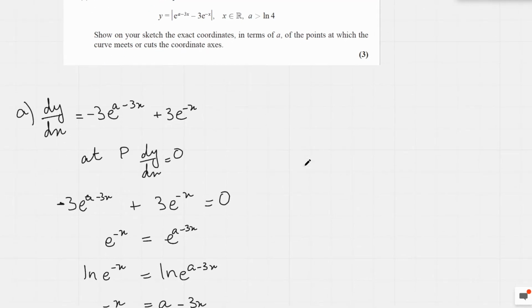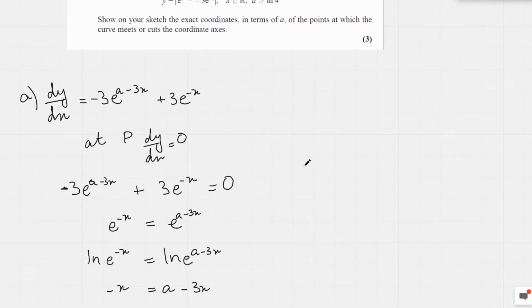So in part A, dy/dx equals negative 3e^(a − 3x) plus 3e^(−x). I've already written it in the simplest form. Now at P, dy/dx equals 0, as I mentioned, so this entire term will be equal to 0.